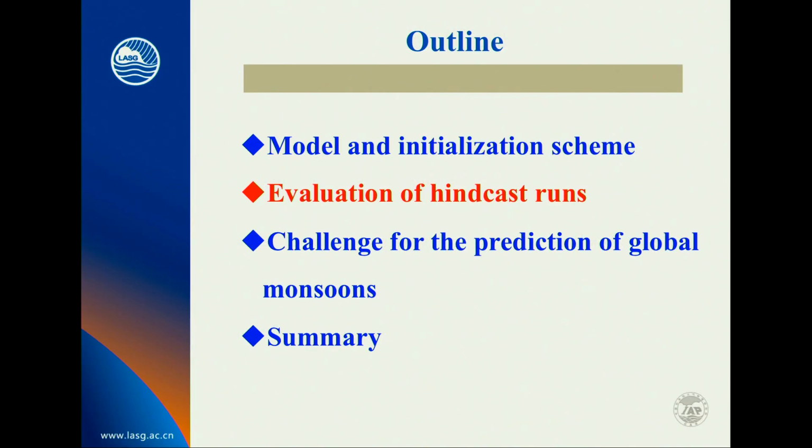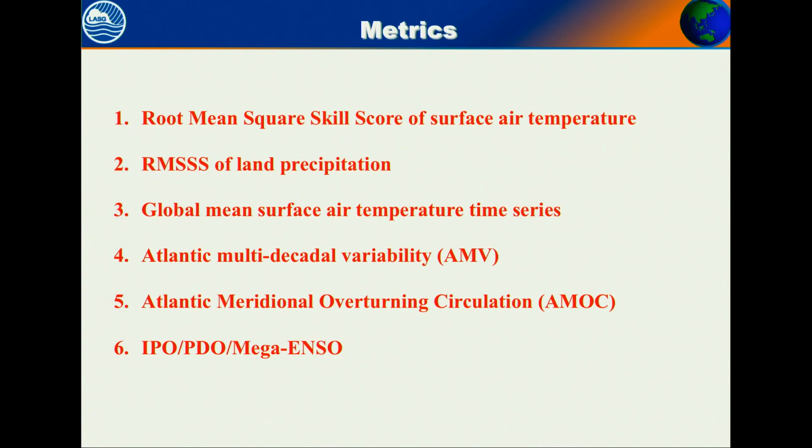How about the result of this kind of hindcast? Here we have used the following metrics to assess the model's performance. The first is the root mean square skill score of the surface air temperature. The second is the skill score of land precipitation. The third is the global mean surface air temperature time series. The fourth is the Atlantic multidecadal variability.